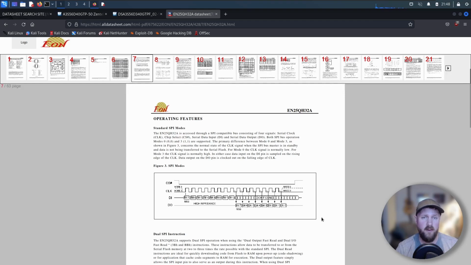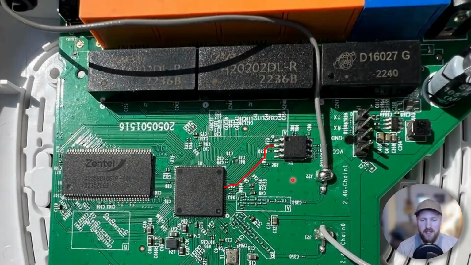I'm just going to hop over really quickly to that high resolution picture that we took of the PCB so we can take a look at how we can actually trace out those different traces on the PCB and figure out where they're going. Another really useful thing to do with these high resolution pictures is you can either use something like Paint, like I've done here, or you can physically print them out if you have a good enough printer and then just draw the lines on them with a marker or something.